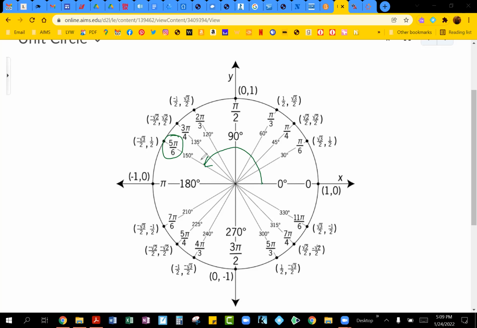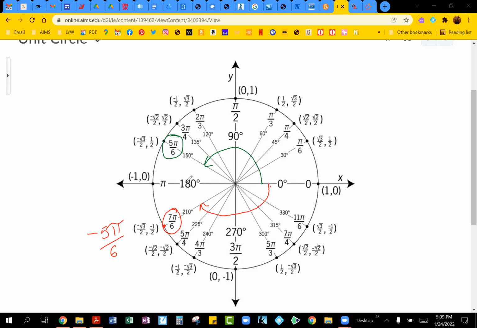If you did that same movement, but going in the clockwise direction, you would have to go this way, and your negative 5 pi over 6 would actually be at this angle over here. So your negative 5 pi over 6 is right here at 210 degrees. But of course, this is going in the negative direction, so technically it's not 210 degrees.